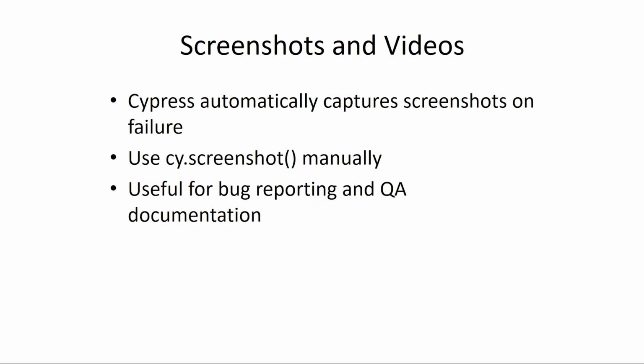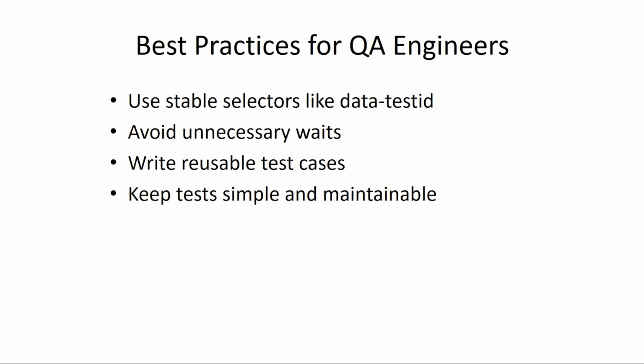It is used for bug reporting and QA documentation. If your test case failed in a script and you want to capture the screenshot after executing all the test cases, you can verify which test cases failed. So you can capture screenshots and videos easily in Cypress.